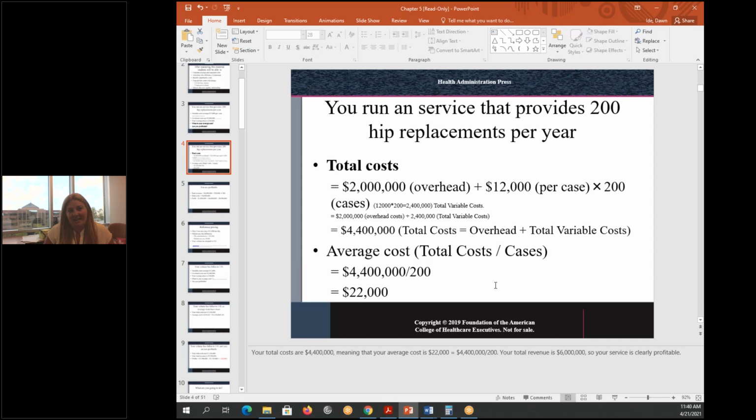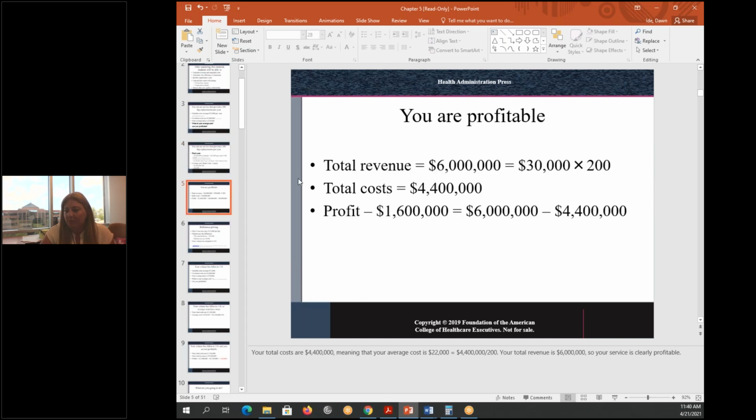Well, it looks like that. But once you take out our costs, it's lower than that. Of course, not much lower, but 22,000, right? So that $8,000 in each one of these cases is going towards our costs. Okay. So the question was, are you profitable?